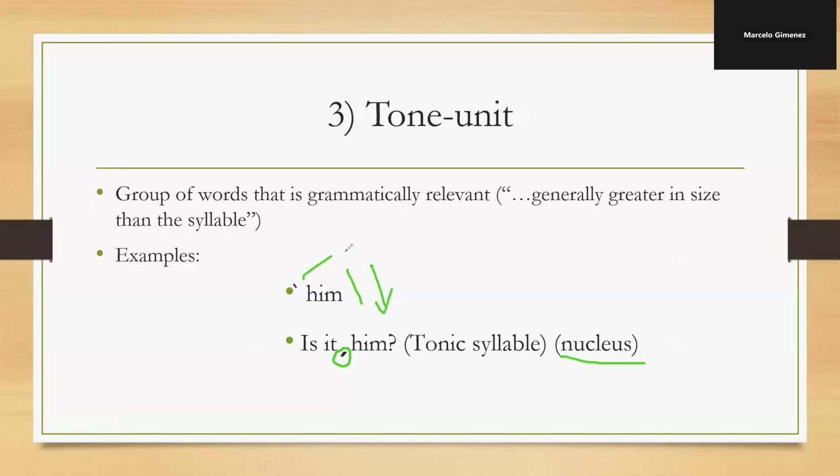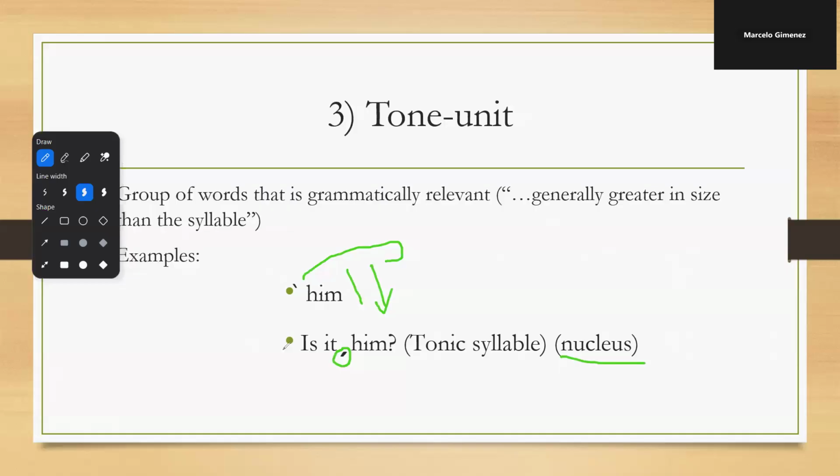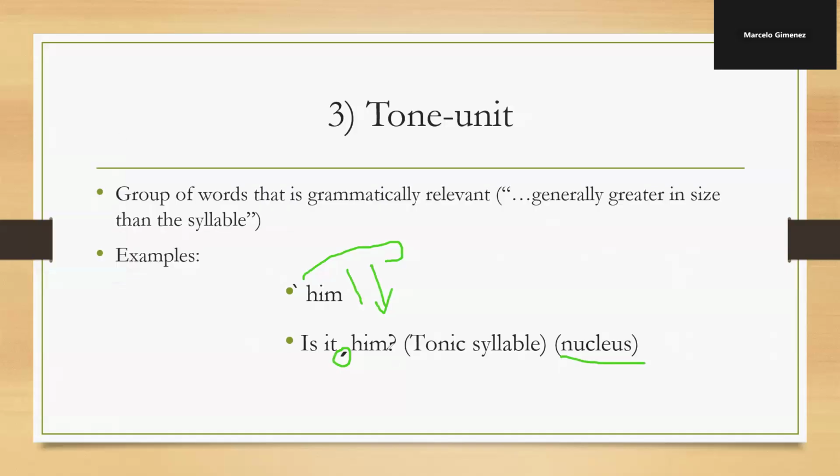Remember that these are just conventions for the representation of the pitch movement, so you might see it like this. In the second example, is it him? This is a larger tone unit, composed of two elements.